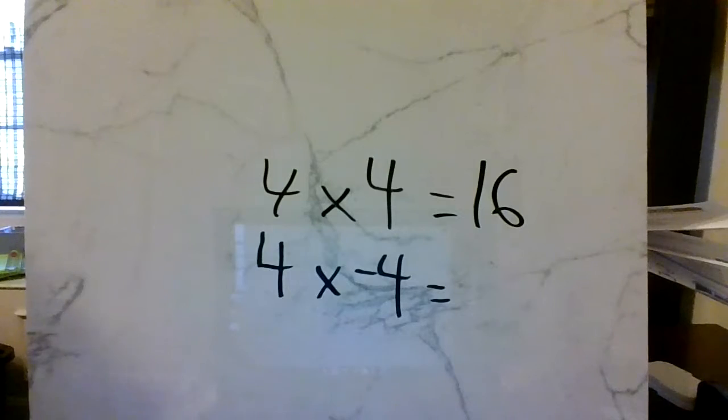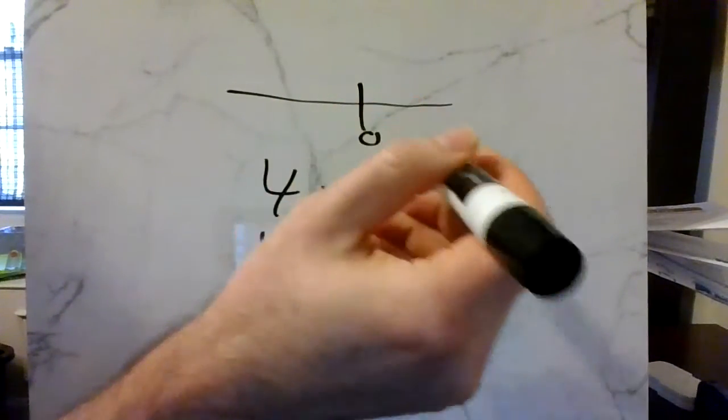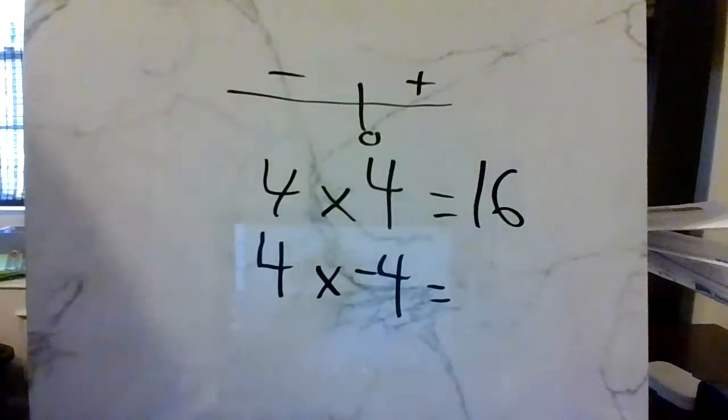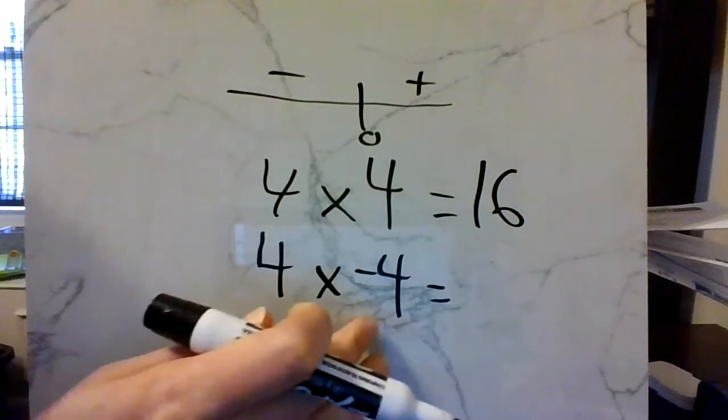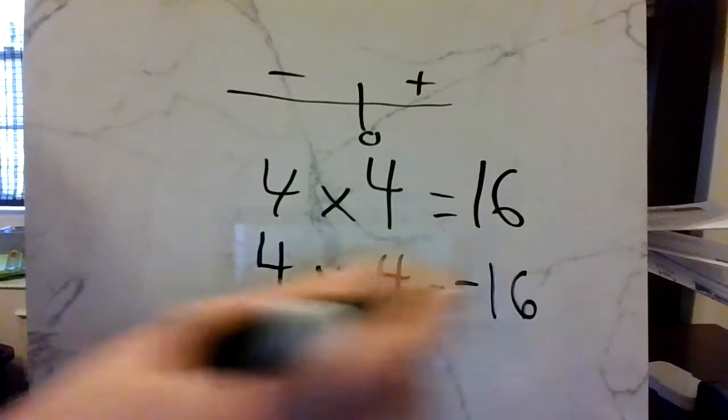Well, multiplying by a negative makes something opposite because on a number line, if this is 0, the positives are here, but the opposite of that, negatives, are over here. So the opposite of a positive number is a negative number. So this turns out to be negative 16.